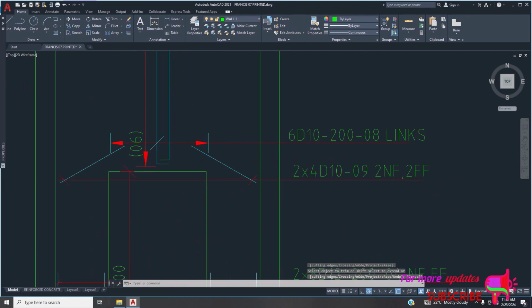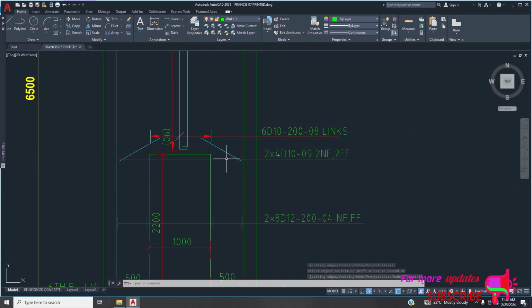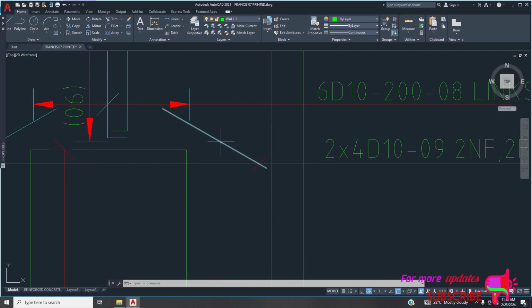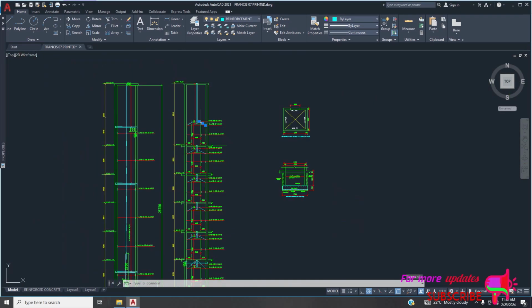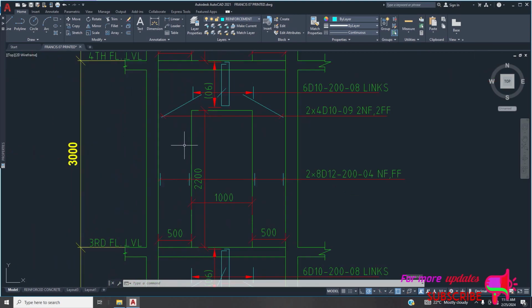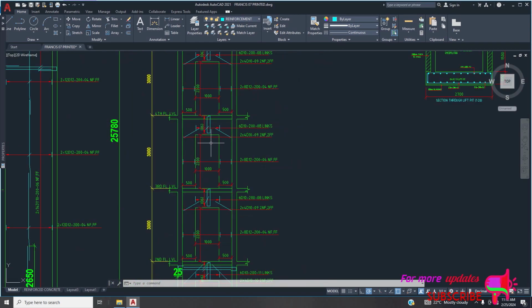So I hope you have understood, and this is how I will do it. This is the reference I will use every time I want to detail a lift core. So every project that will be having a lift core, this is the model I will use to detail my lift core.